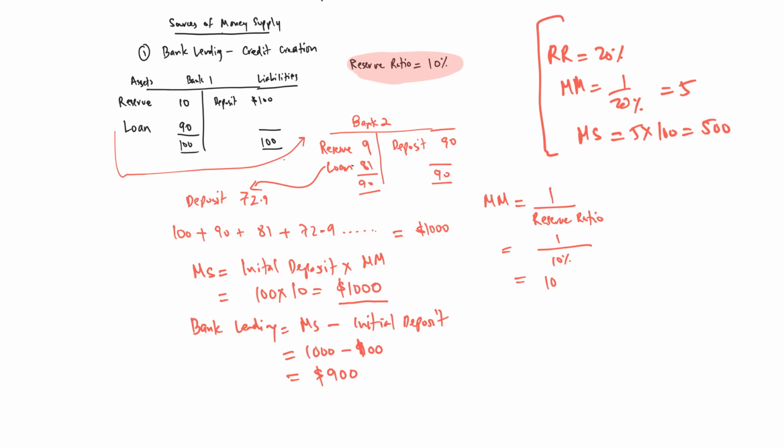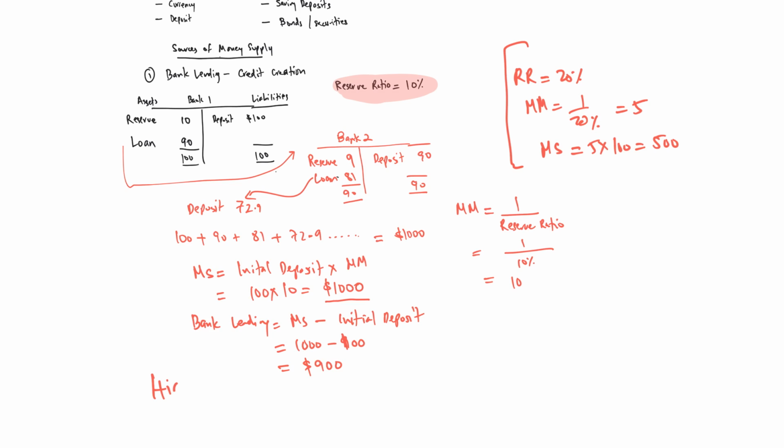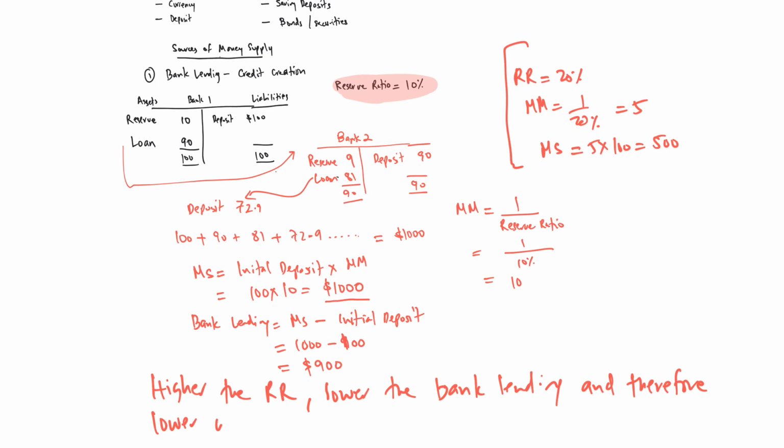You increase the reserve ratio, money supply goes down, because banks will be lending less, because they will be retaining or reserving more. So what we say is that the higher the reserve ratio, the lower the bank lending, and therefore the lower the money supply.